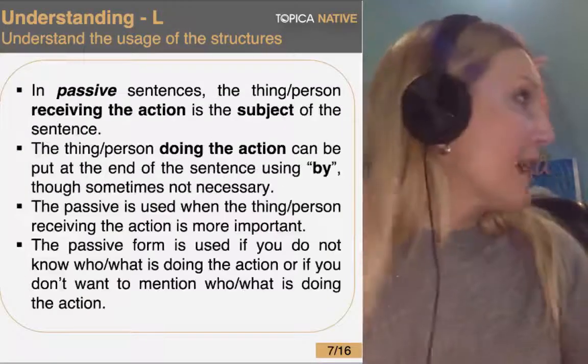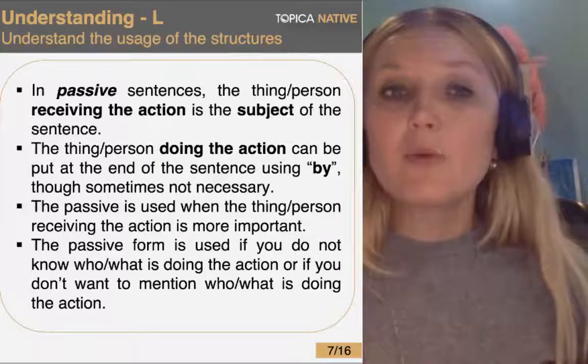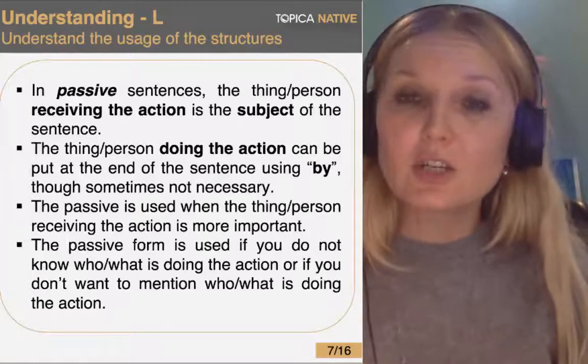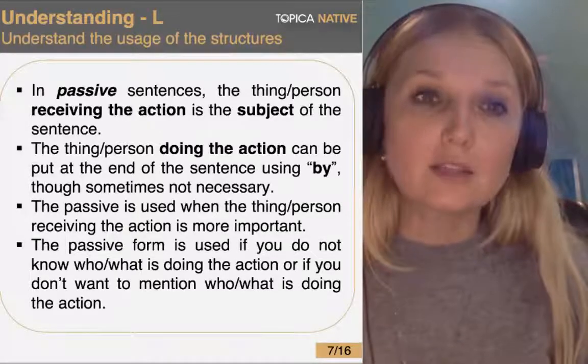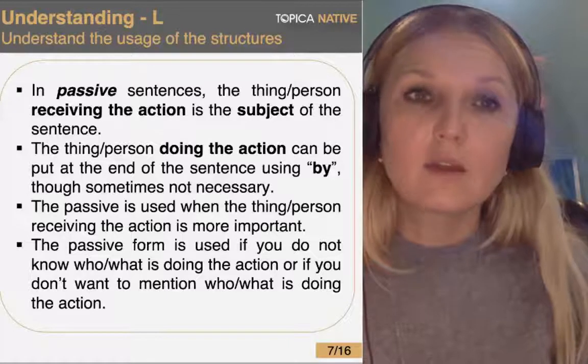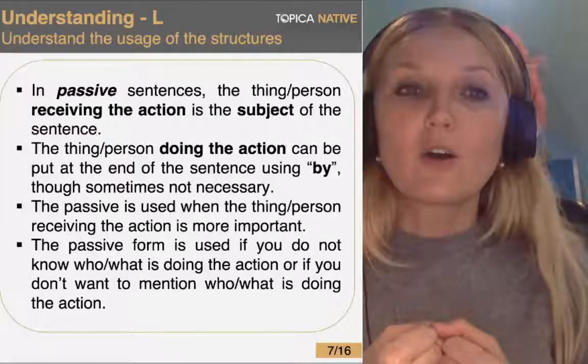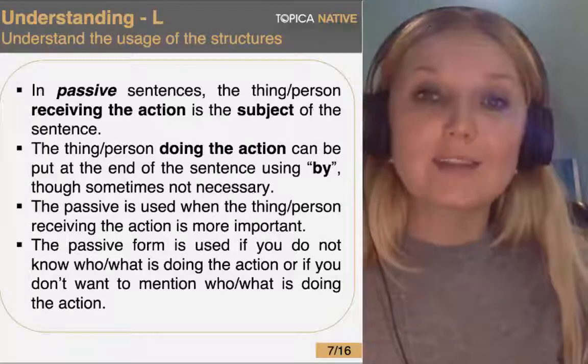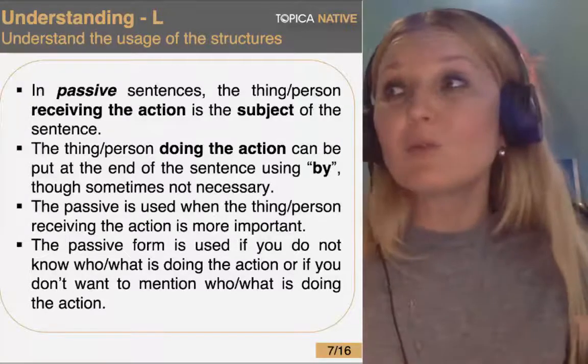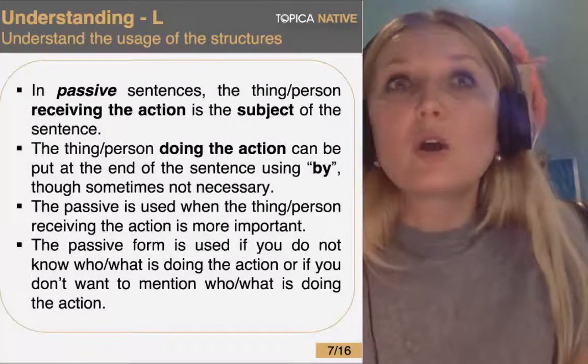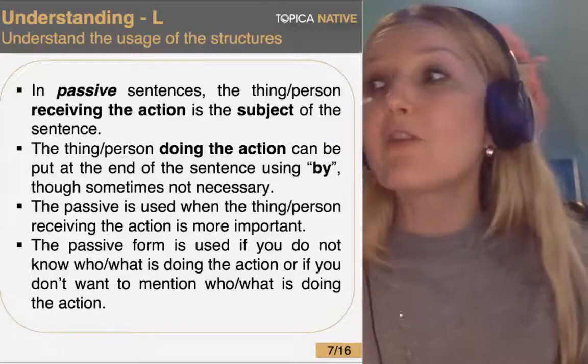In passive sentences, the person or thing receiving the action is the subject of the sentence. And the person doing the action can be put at the end of the sentence using by, though sometimes it's not necessary. Sometimes we don't need it. Who did it? My car is fixed.